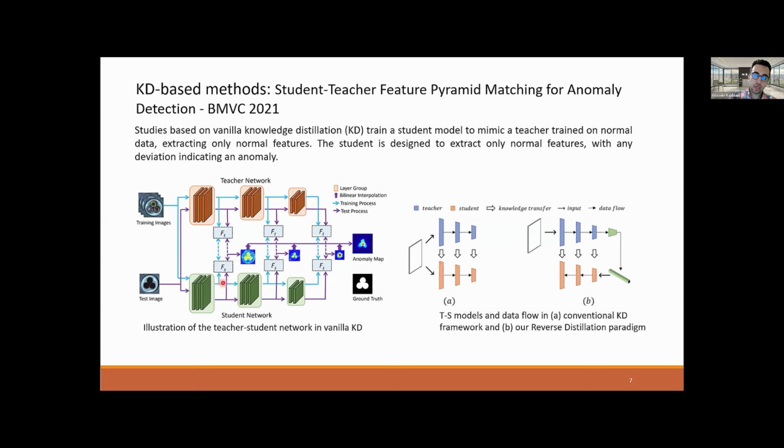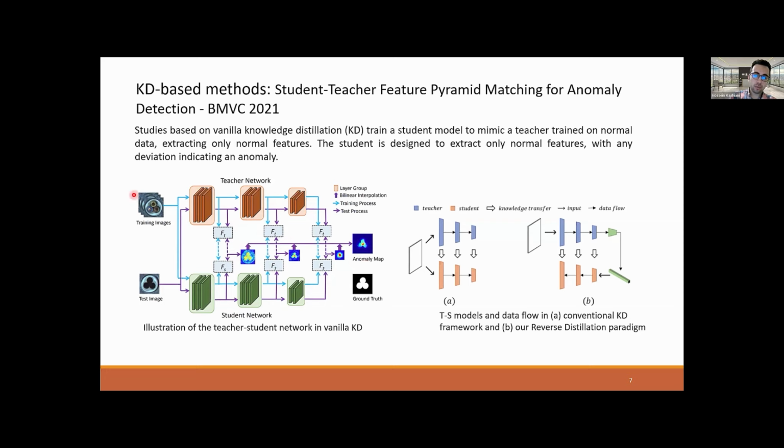When we train in such a way, the student will learn the distribution of the normal data, and at inference time, we compute the error between the different representations of the student and teacher to calculate the heat map of our anomaly. So this is how it works.